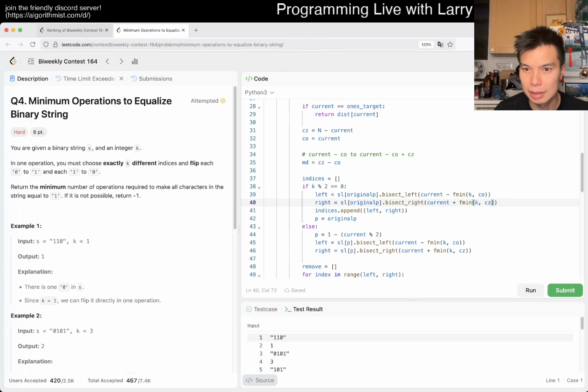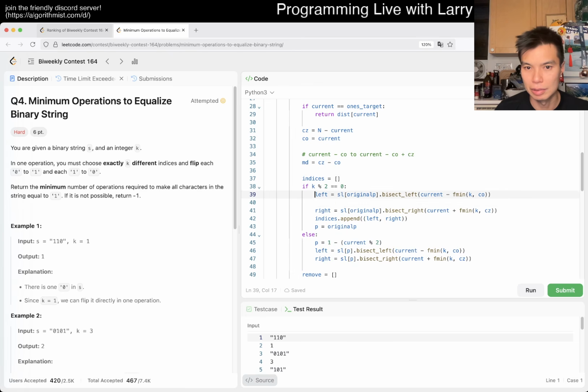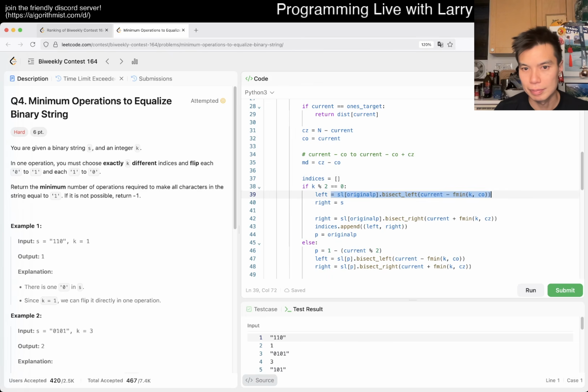It is. Well, let's leave that here. But actually, we want also plus CZ, and then we want this to be at most 0, right?